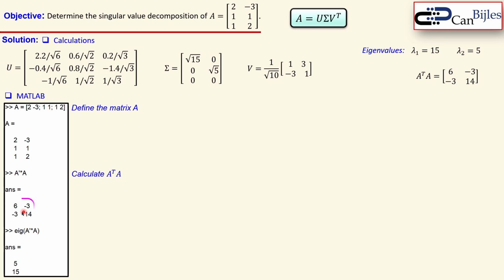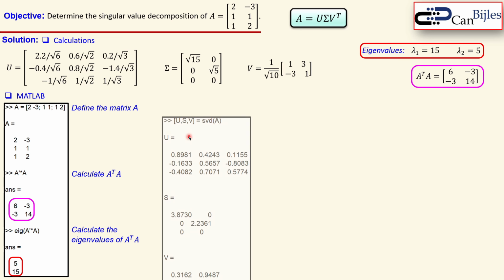That was here 6, minus 3, 14 as we have it. So this is indeed correct. Now we calculate the eigenvalues of this matrix, A transpose A, that is actually 5 and 15. Of course, MATLAB doesn't give it in the right order. It doesn't matter. We'll need to use it in the order 15 and 5, so lambda 1 and lambda 2.